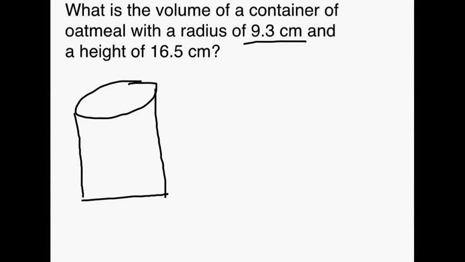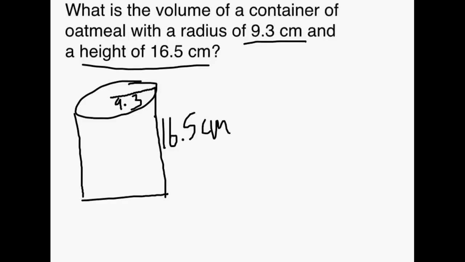Now, if it has a radius of 9.3 centimeters, remember radius is half the distance between one side of my cylinder and the other, so that'll be 9.3. I'm just going to label it. You should also be doing this on your notes page. And then a height of 16.5 centimeters.